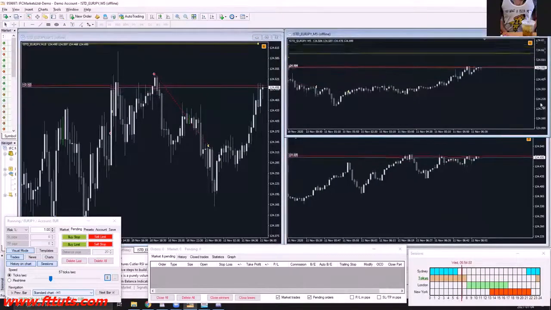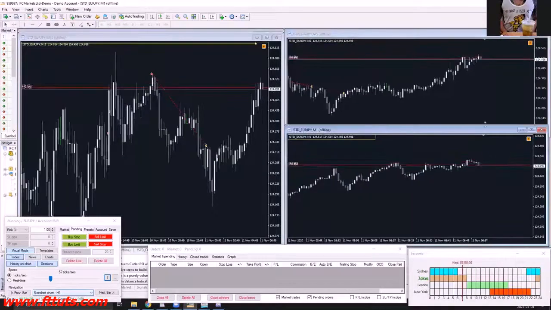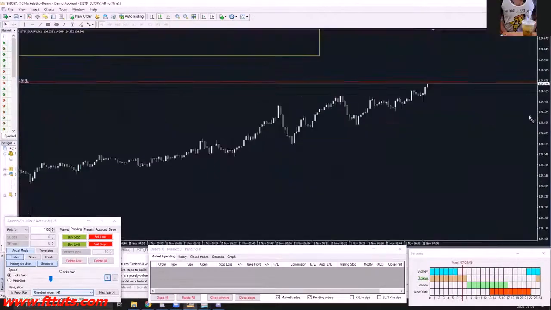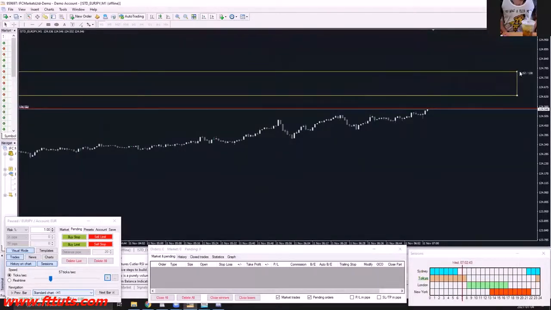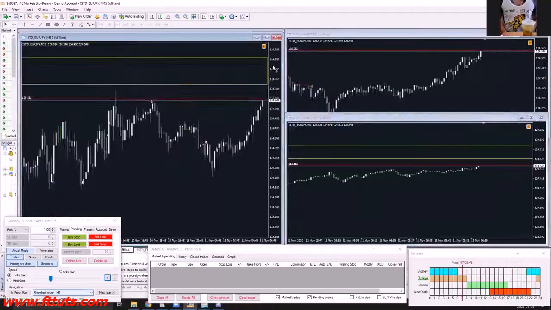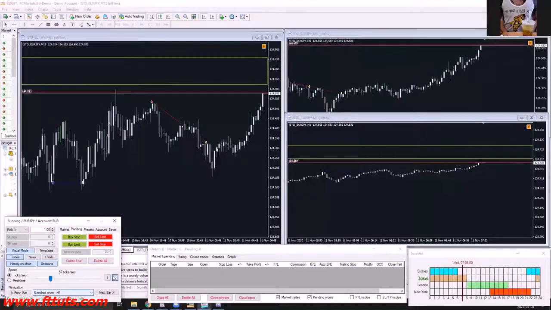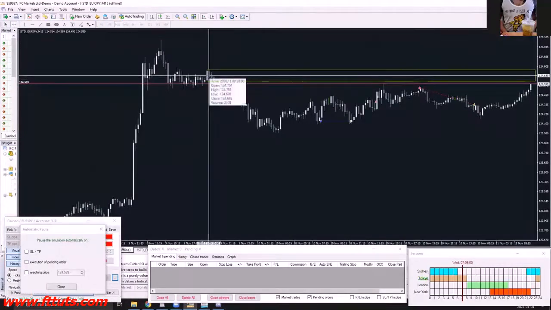I'm gonna zoom in on the 5 a bit. So now this is getting better. We have equal highs getting taken out into this liquidity sweep candle.